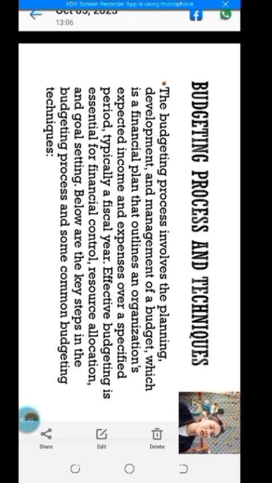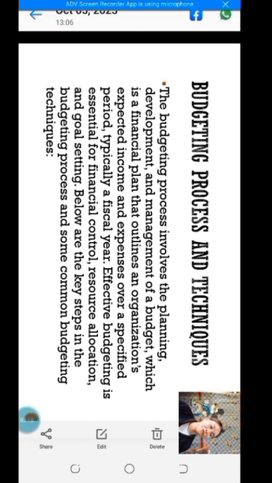So when we say budgeting process, it also involves the planning, the development in a company, and the management of a budget, which is a financial plan that outlines the organization's expected income and expenses over a specific period, typically a fiscal year.